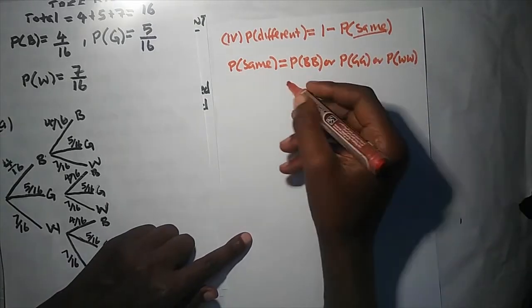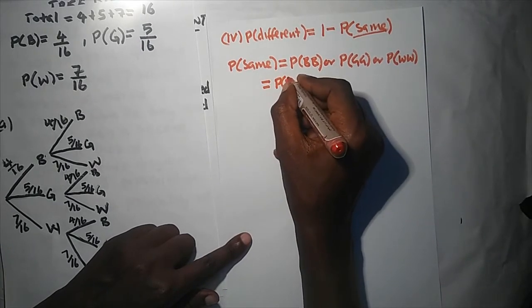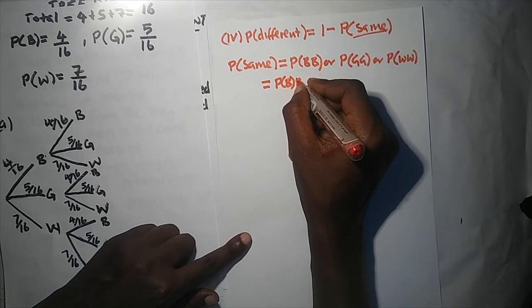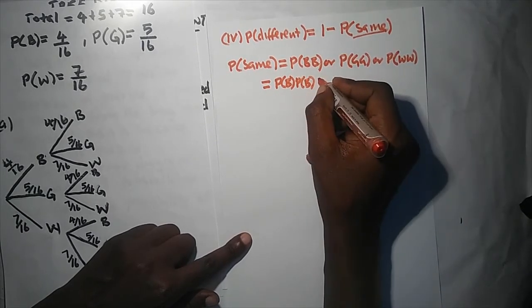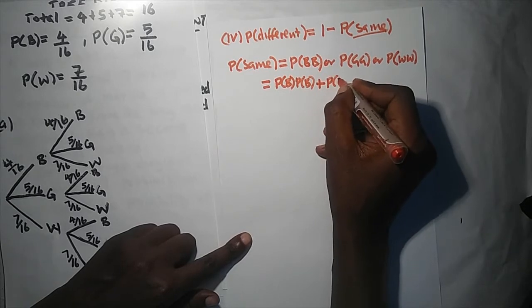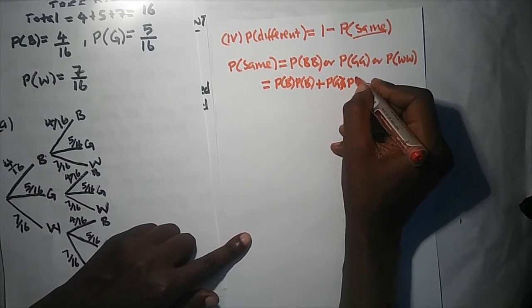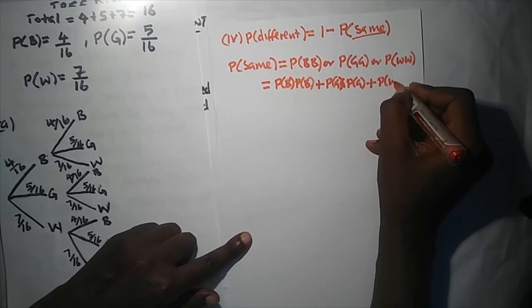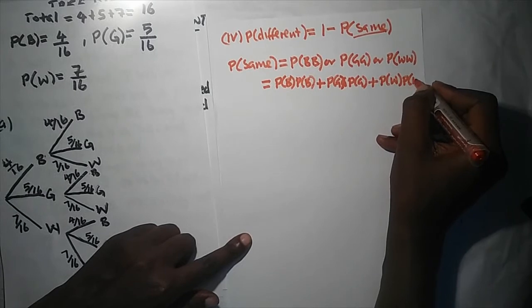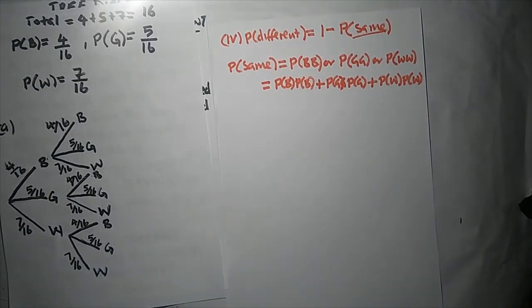So when we simplify this, we are going to have probability of black times probability of black, plus probability of green times probability of green, plus probability of white times probability of white.